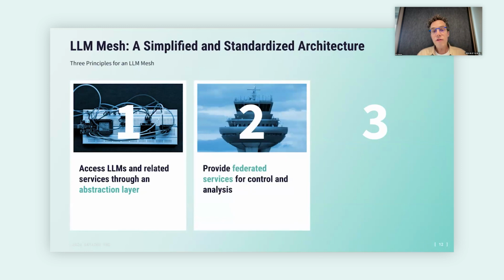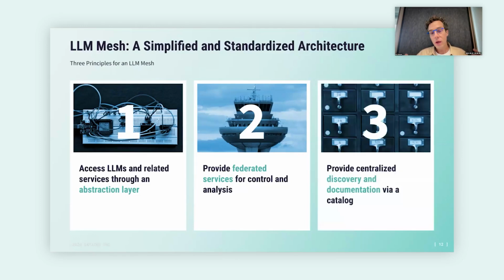Two, you need federated, shared services for control and analysis because each and every one of these applications is going to have very similar needs in terms of cost control, cost monitoring, in terms of security, permissioning, in terms of content, in terms of toxicity detection, and so on.